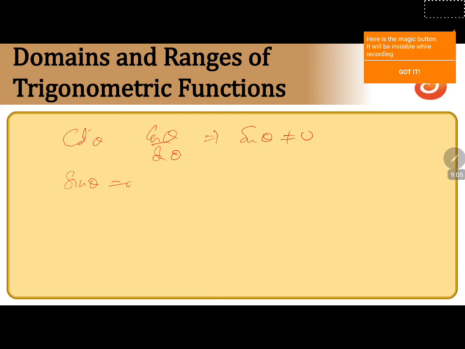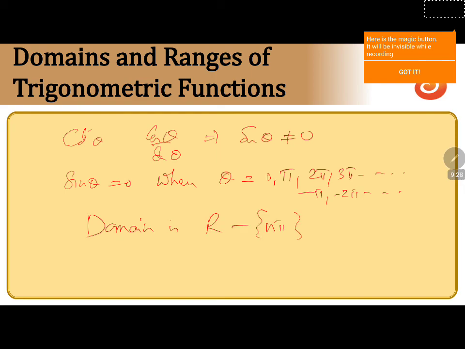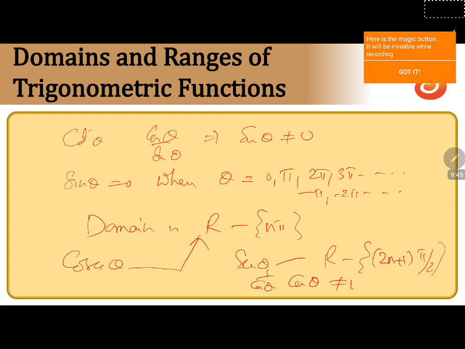Sin theta is equal to 0 when theta is 0, pi, 2 pi, 3 pi, minus pi, minus 2 pi, etc. Therefore, the domain is R minus n pi. For cosec theta also, the domain is the same. For secant theta also it is R minus (2n+1) pi by 2 because it is 1 by cos theta and cos theta is not equal to 0.